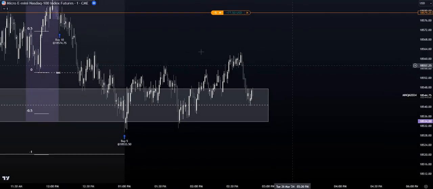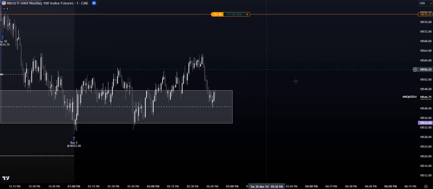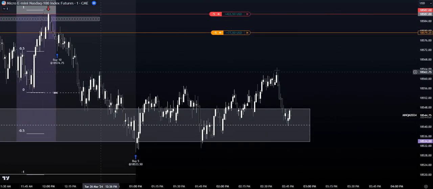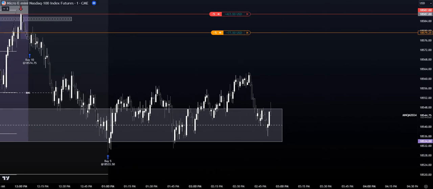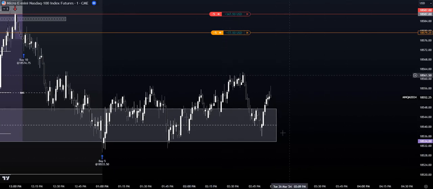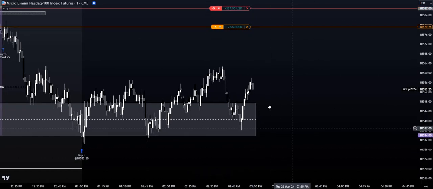So price can do one of two things. It can follow order flow, or it can follow where those stop losses are, which are going to be at these highs. So it's either going to take out these highs and go lower, or it's going to take out these highs and push higher. One of two things.